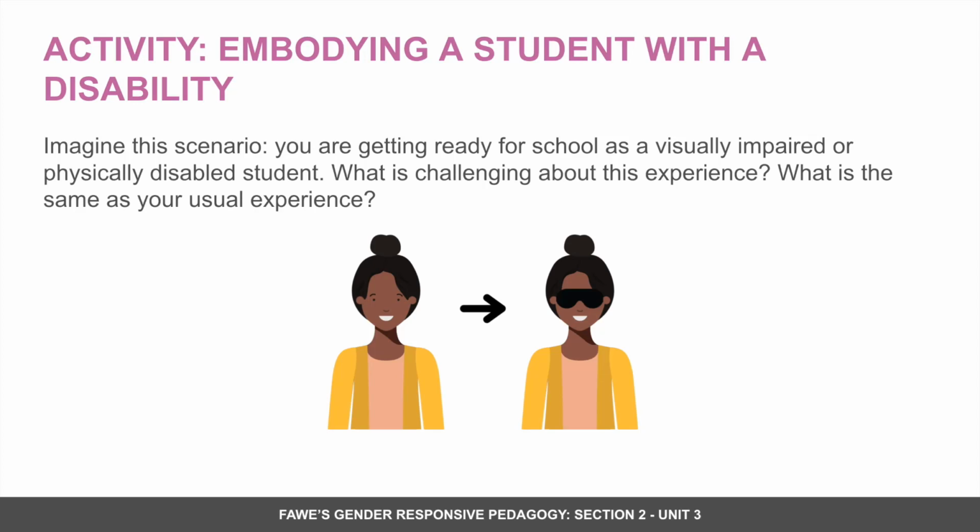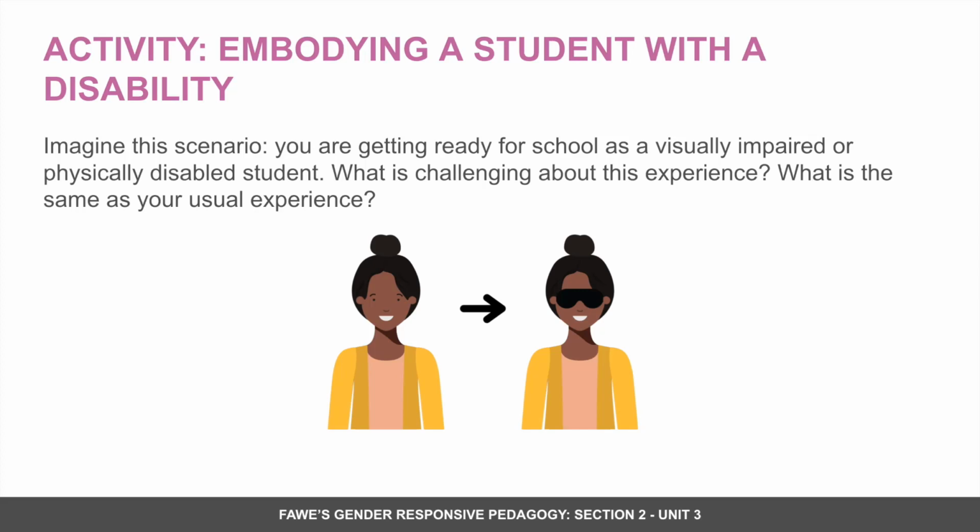In this activity, either close your eyes or imagine you are visually impaired, or hold one arm behind your back and imagine you have lost use of one of your arms. Take a few seconds to pick what you will do.